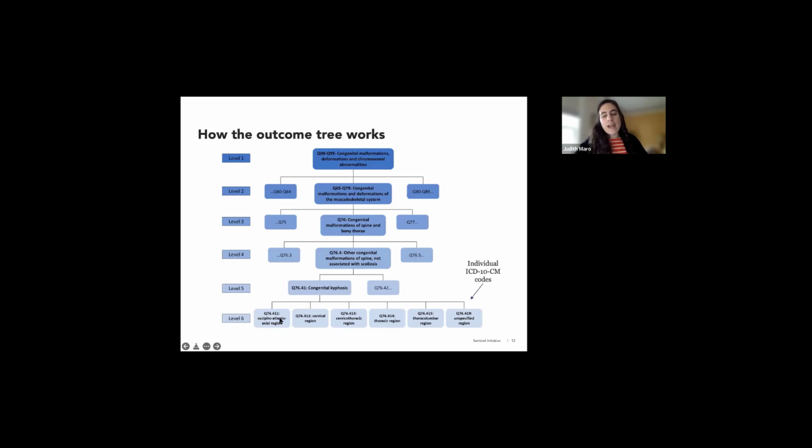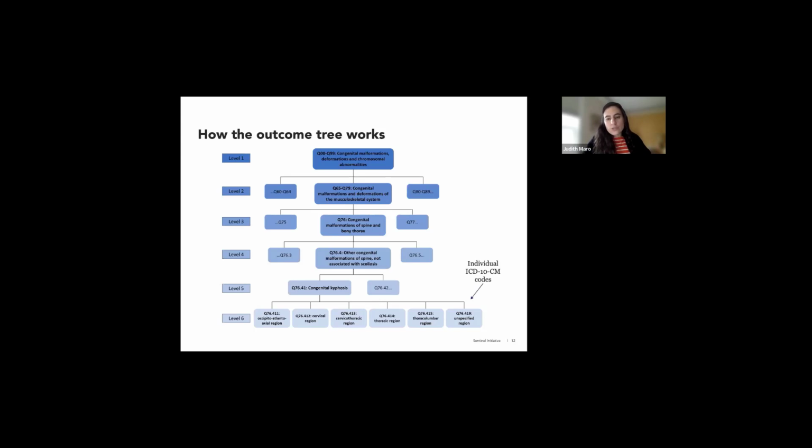So this is the finest division of an outcome that exists. In this case, it is an individual ICD-10 diagnostic code. And then as I move up the tree, towards the branch or going towards the trunk, essentially I keep grouping these up into more aggregate groupings of the same phenomena.